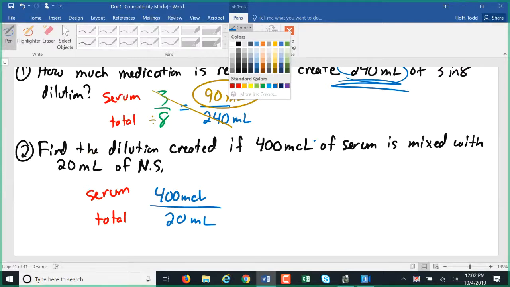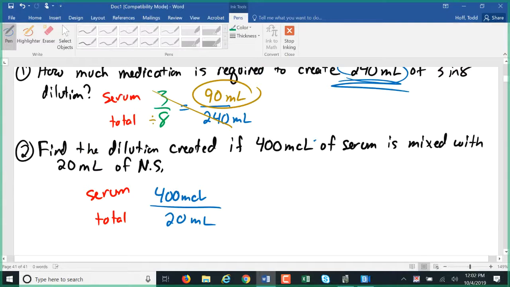Really, at this point, it's a matter of personal preference, how you want to reduce it. 400 microliters would be 0.4 milliliters. That can be an awkward reduction with the decimal in there. You'd have to multiply by 10 to move the decimal point over. Or 400 microliters can stay there and turn the 20 milliliters into microliters, which would be 20,000 microliters.